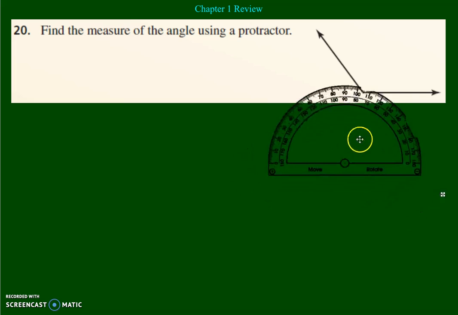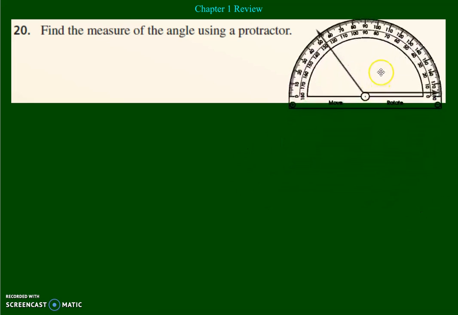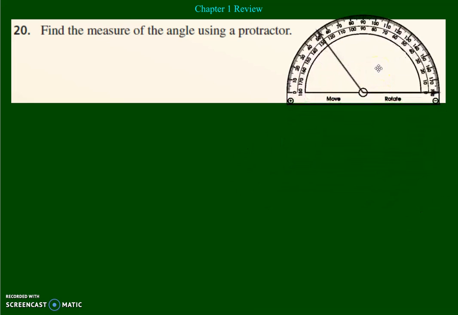So let's go ahead and position our protractor. That looks about right. Since our initial side is on the right, we're going to use the inner scale. So we look through the inner scale, and it looks like it's past 120 and close to 130.